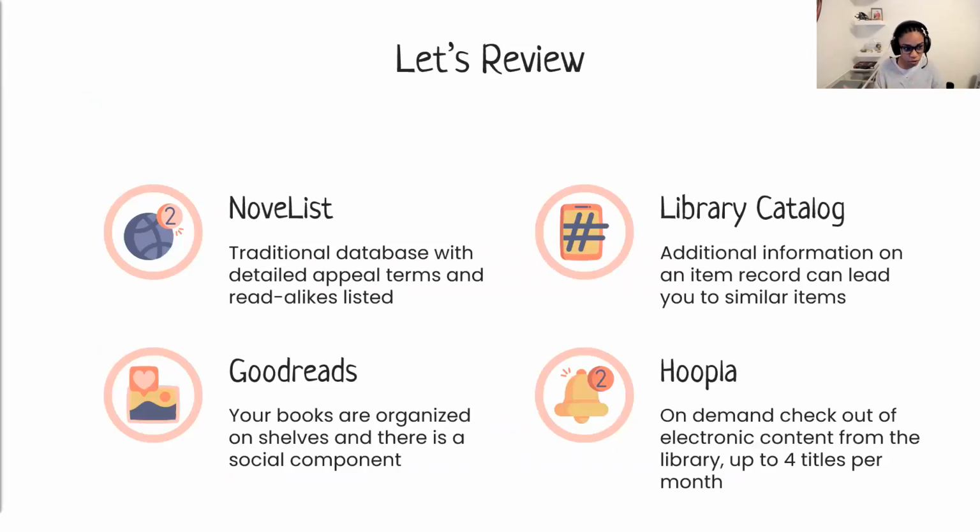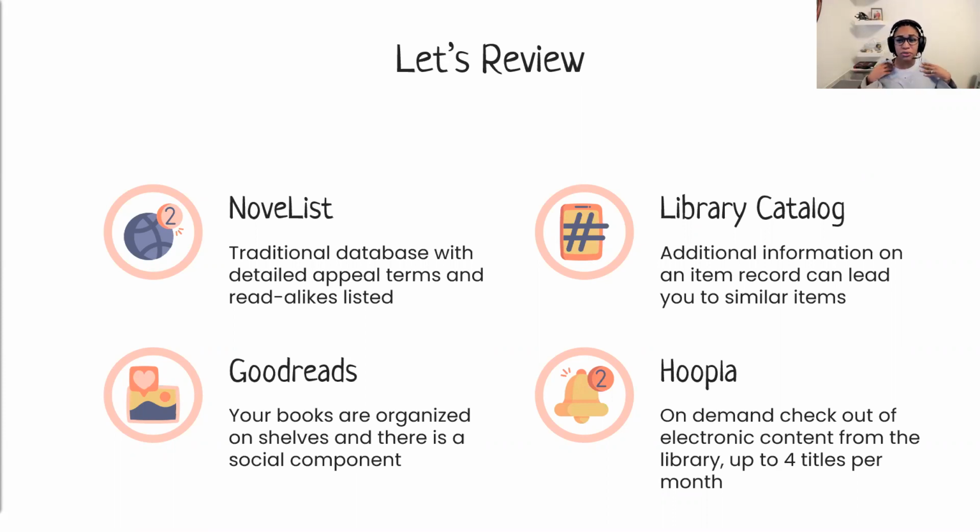And just review briefly. So today we talked about Novelist, which is a traditional database with detailed appeal terms and read-alikes listed. We also talked about Goodreads that helps you keep your books organized on shelves, and there is that heavy social component.